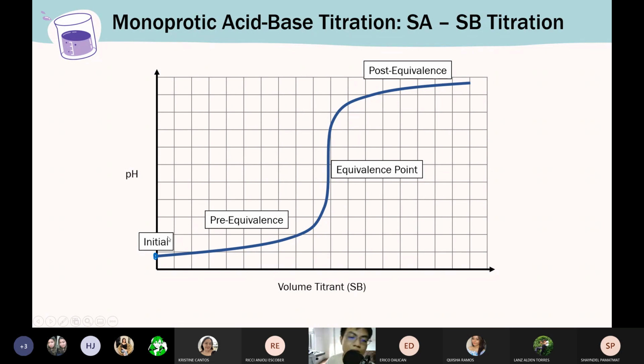Okay? So, just to summarize, yung initial, whatever the concentration of the acid is, yun na yung dami ng H+. For the pre-equivalence point, ibig sabihin, nababawasan na yung acid mo, right? So, that can be calculated as MAVA minus MTVT divided by the total volume.